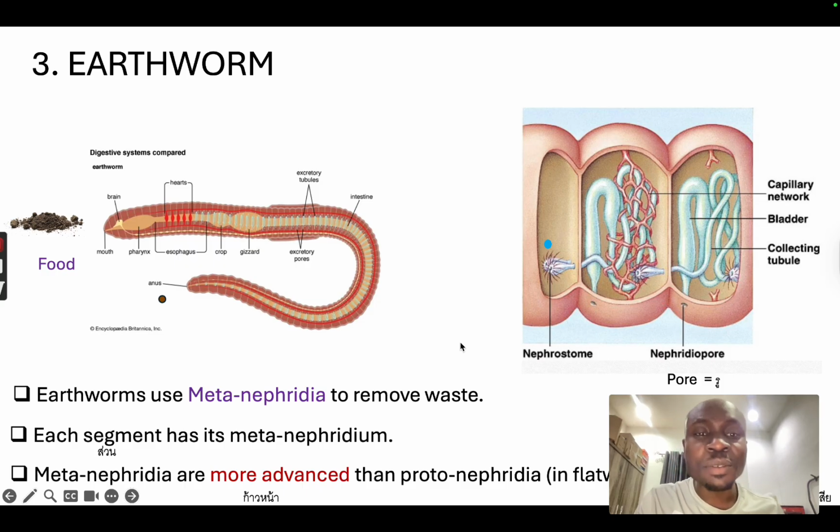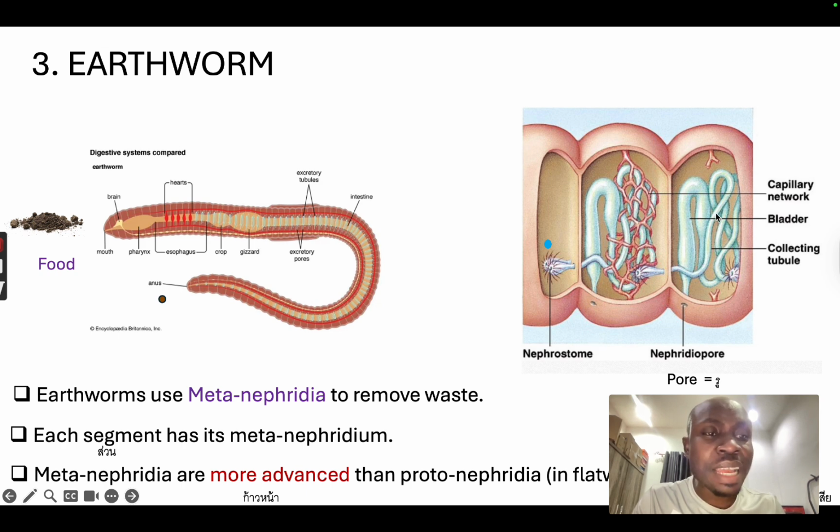Now, how does it work? The metanephridia has a little mouth, right here, and it is coiled around, and it has a little pore over here. So the water around in the space here can go into the little mouth, move around, and go out.